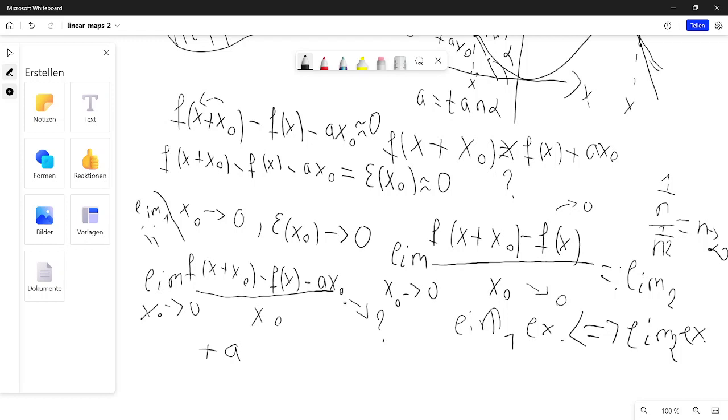There could be functions that satisfy this, but are not differentiable, which means that a differentiable function must satisfy something that is even stronger, right? Because if there is a function that is not differentiable and still satisfies that, then a differentiable function should satisfy something even stronger.